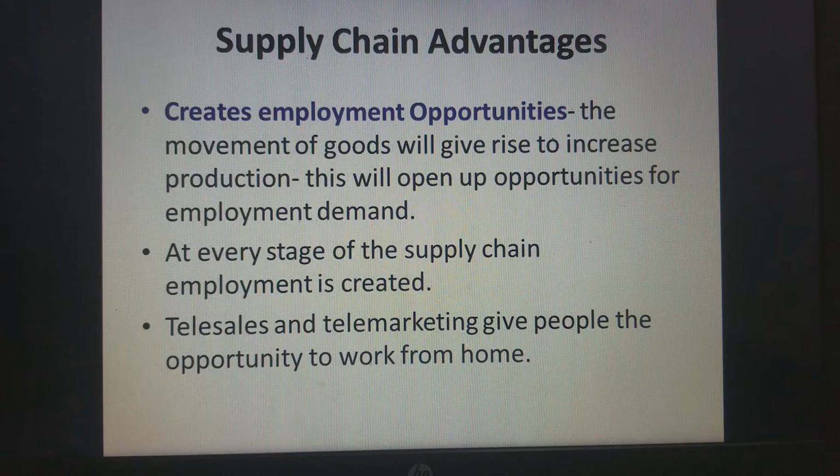Now, we have what is called telesales and telemarketing. These are benefits of supply chain. Yes, when we had the COVID-19, then telesales and telemarketing increased dramatically around the world.